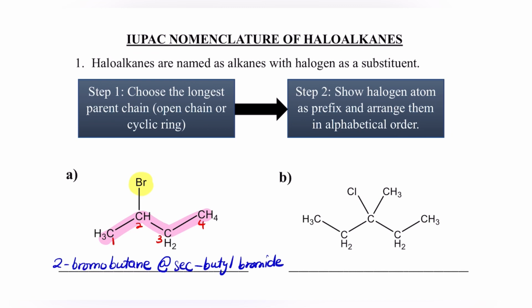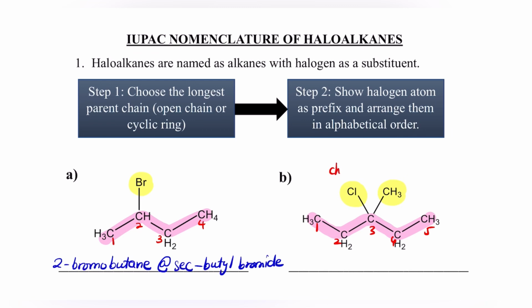Now kita go for B. For B, what you have here is alkanes with the longest carbon chain should be 5. So I'm going to give the numbering. So this will be our numbering 1, 2, 3, 4, 5. And after that, we have 2 substituents here. The first one is Cl atom and the second one is methyl.